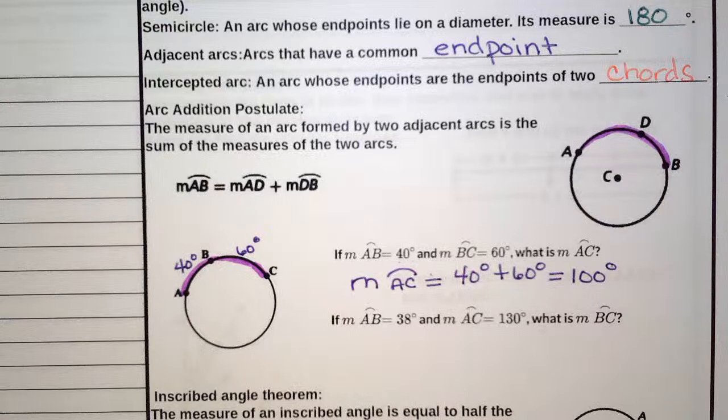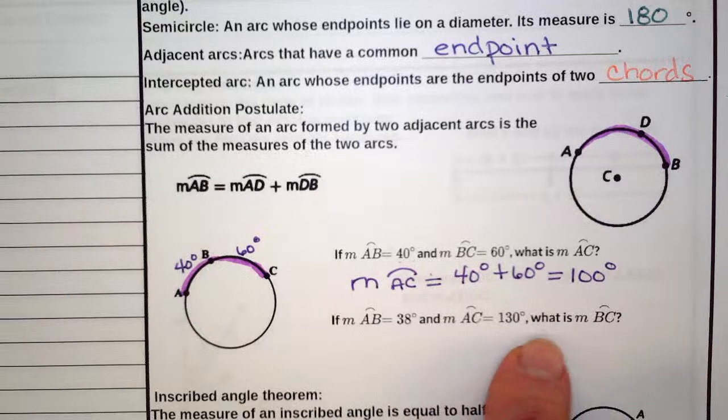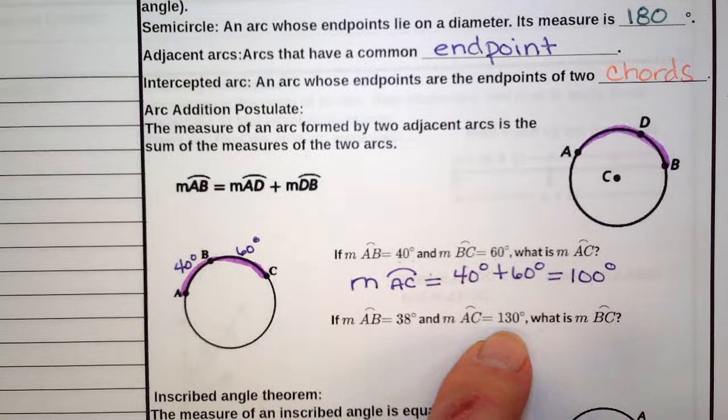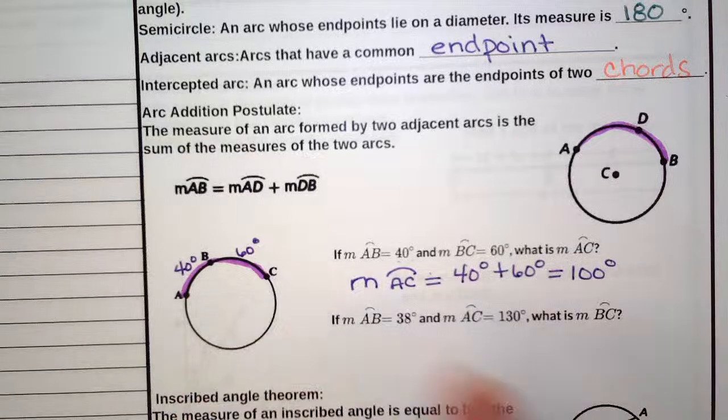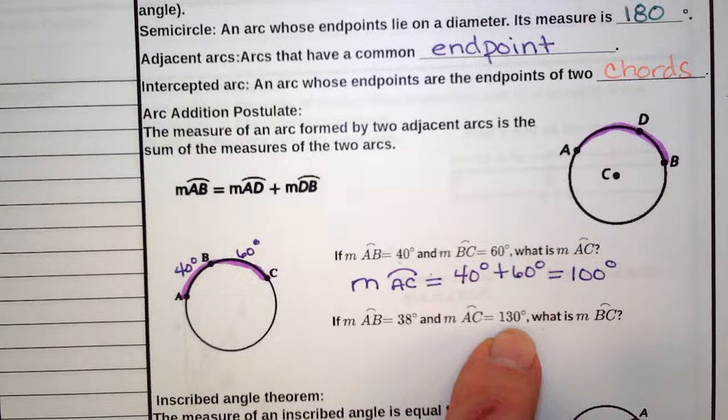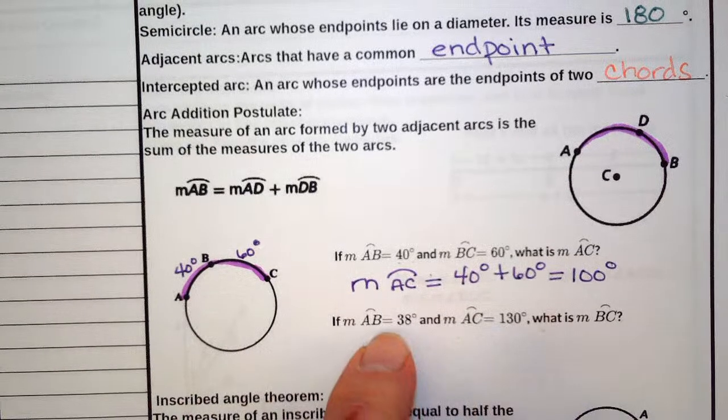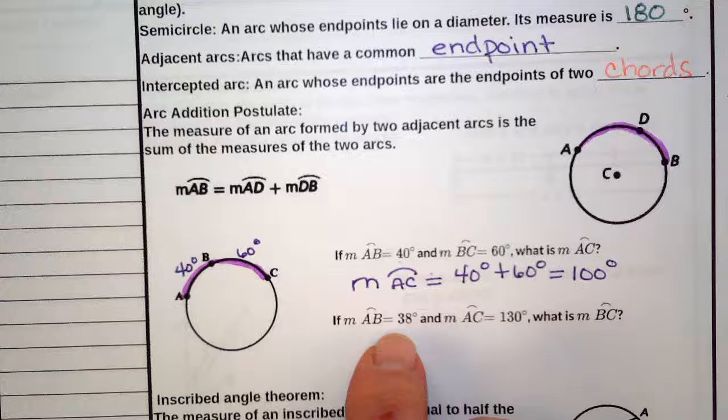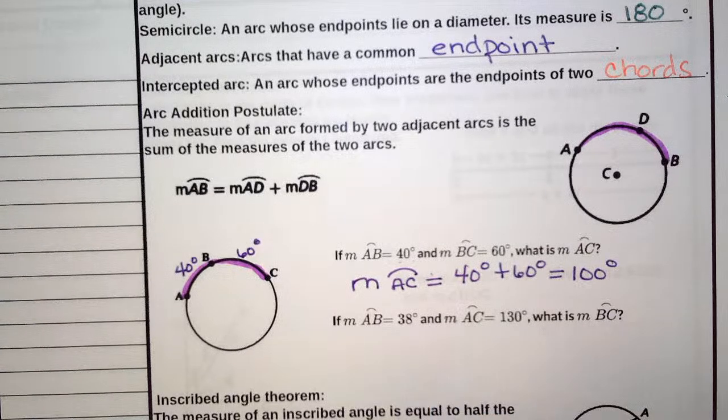Okay, what happens if we know the whole length, that AC, what if we know the whole thing is 130? And we know that AB, this little piece here, is 38. What do we do? If we know the whole and we have one part and want to find the other part, do we add, subtract, multiply, or divide?